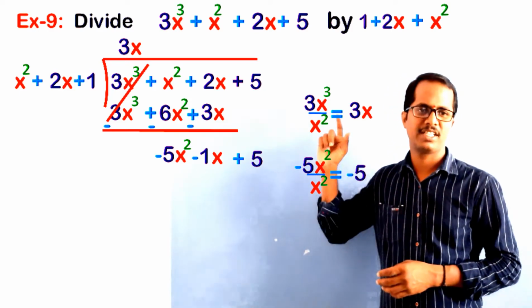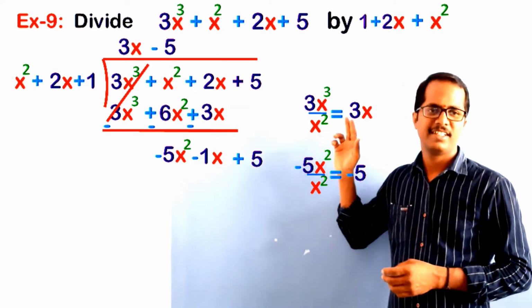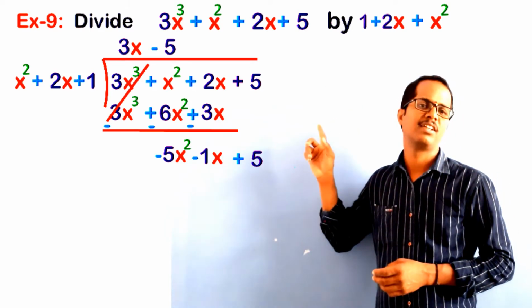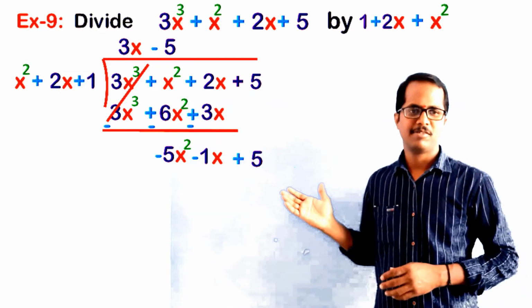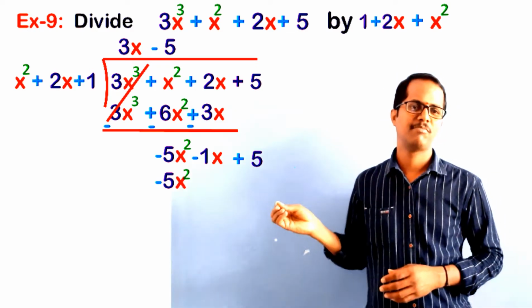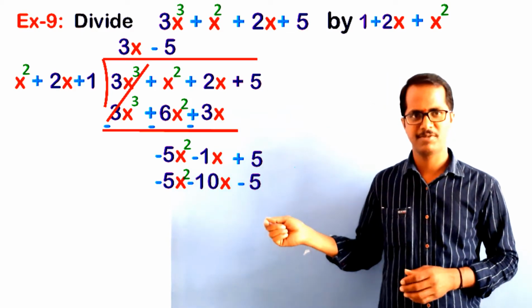So let us write minus 5 as the second term of the quotient and multiply this minus 5 with the divisor, that is x square plus 2x plus 1, to get the product as minus 5x square minus 10x minus 5.